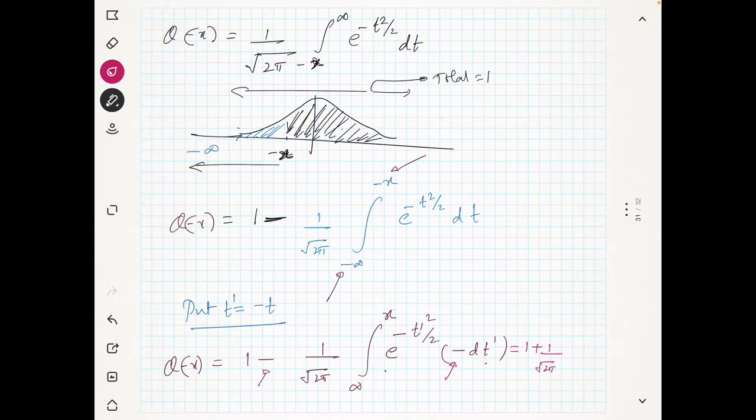So this becomes 1 plus the integral from infinity to x of e power minus t dash square by 2 into dt dash, okay. So I am going to write it in the next step here.